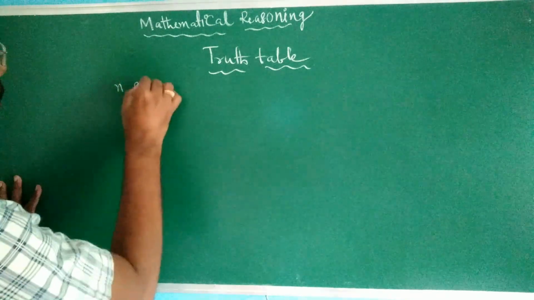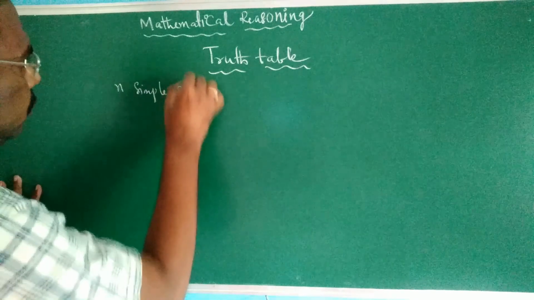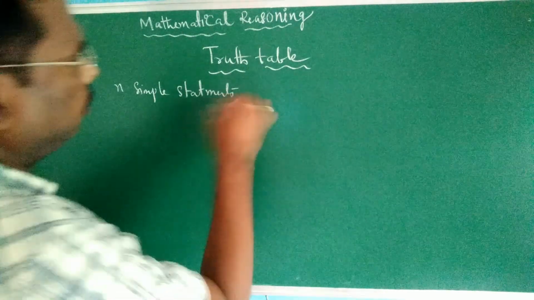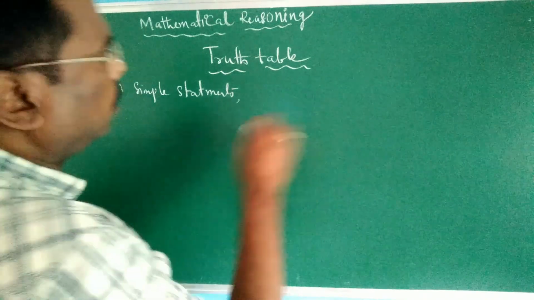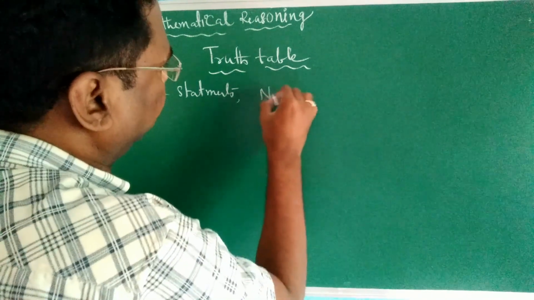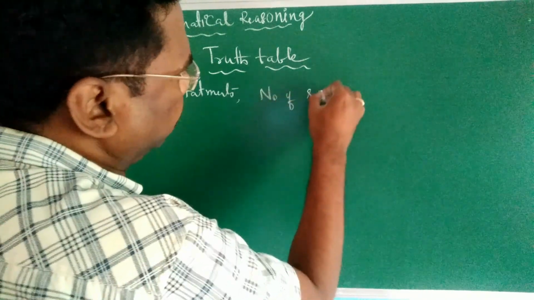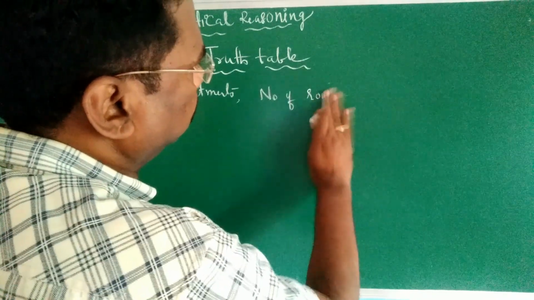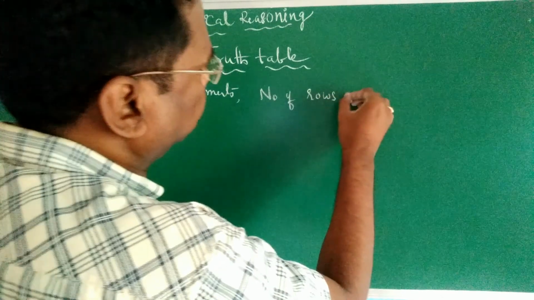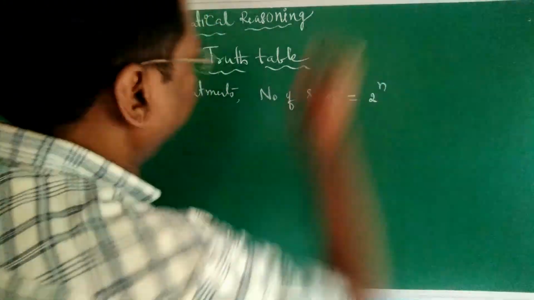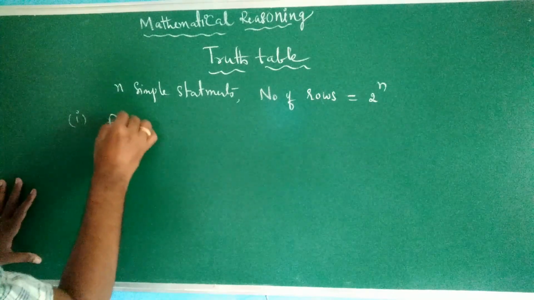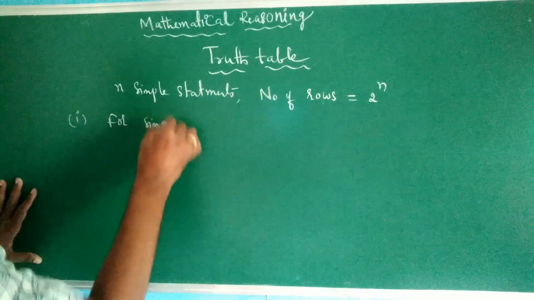The number of rows is equal to 2 power n. First, for a single statement.